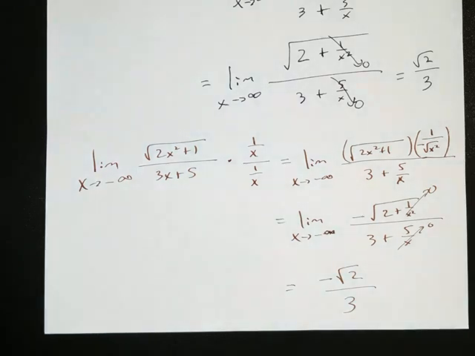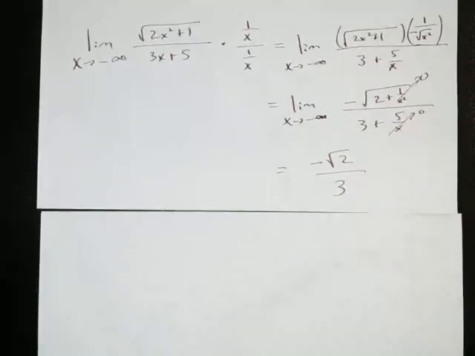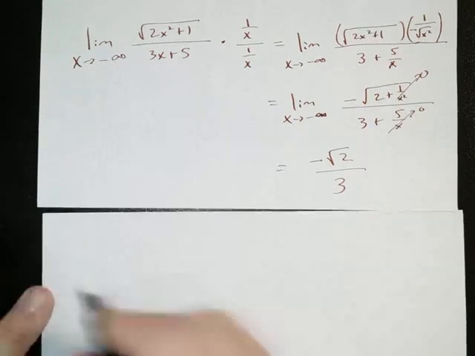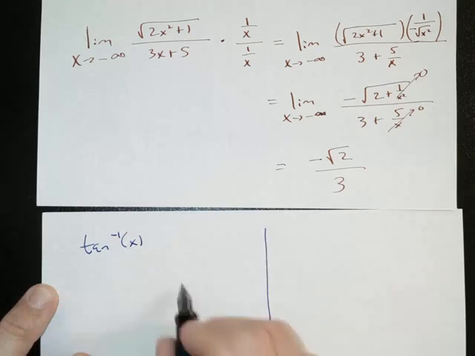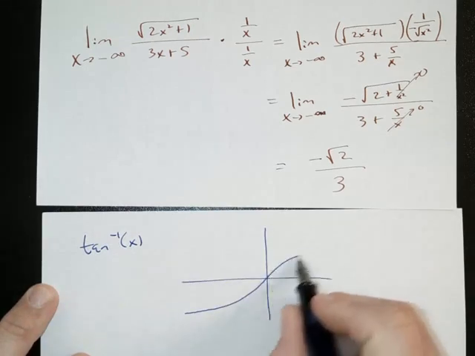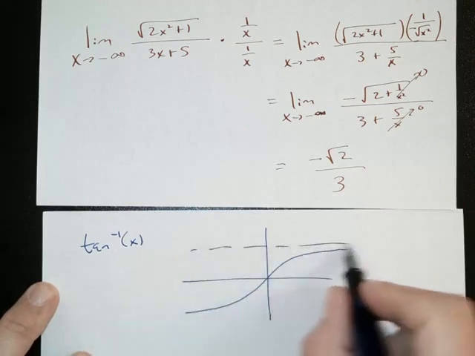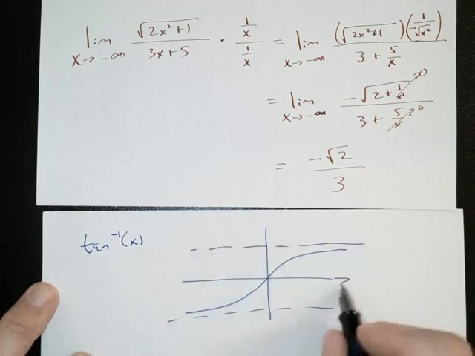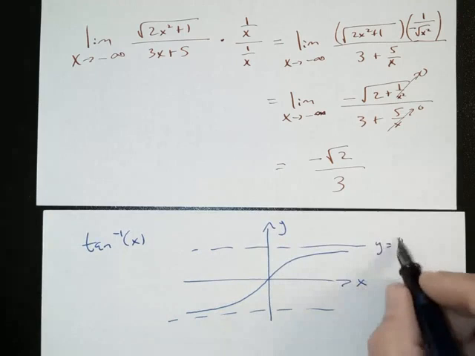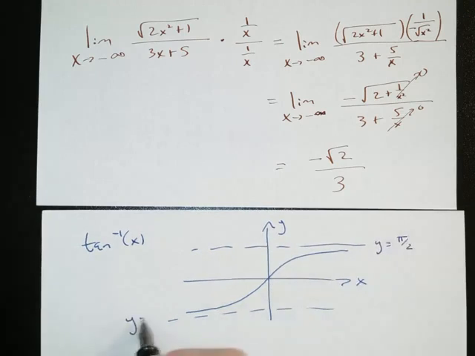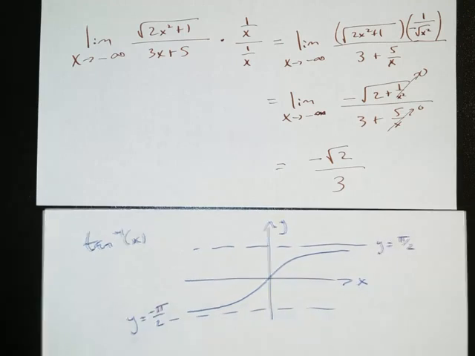Now, it may have been a while since you all did trig, but when we did the inverse tangent, that function has a different horizontal asymptote on the right than it does on the left.